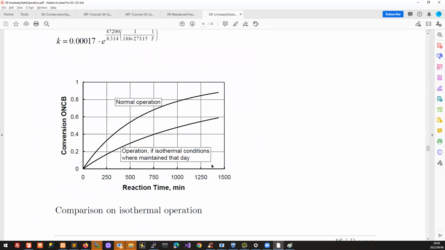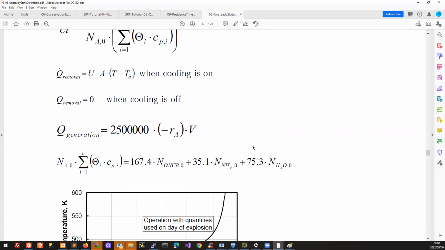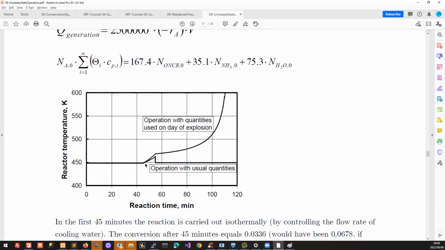If you had the same isothermal conditions, your conversion would have been lower. But in this case, because we switched off the cooling, the reactor temperature ran away to a greater extent.